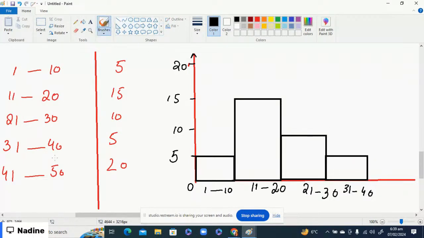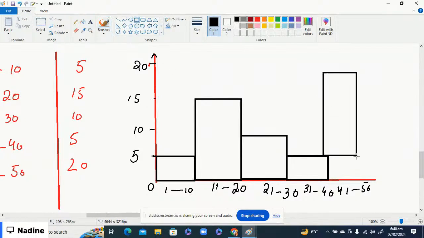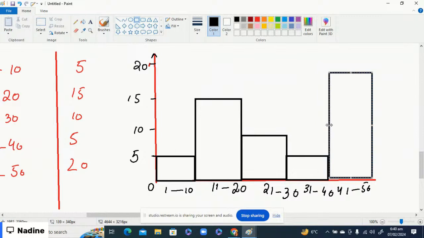For the next is 41 to 50, that is 20. 41 to 50, which is 20. So this is 20. Now we just check.